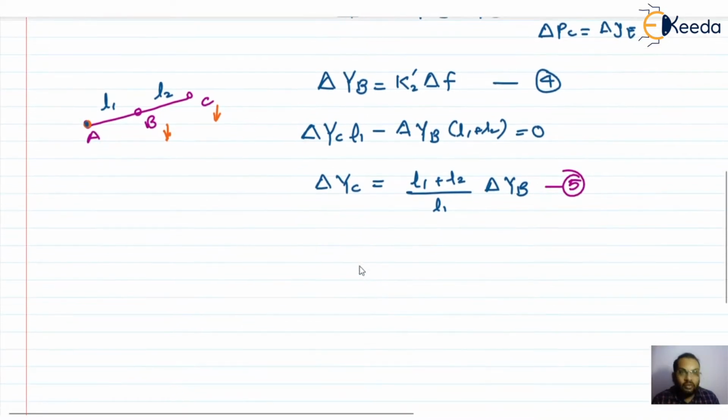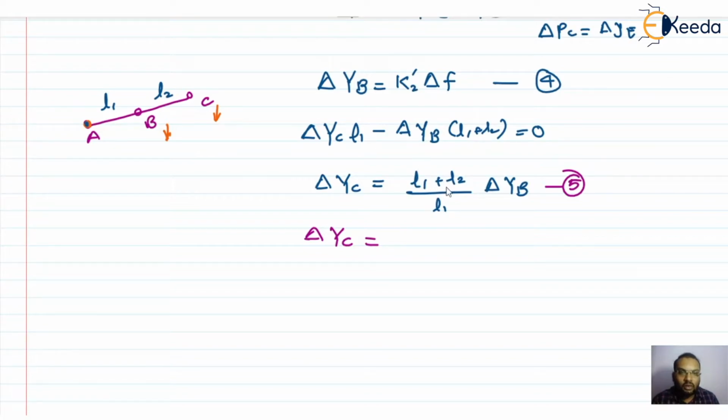Now with the help of equation number 4 and 5, can I write delta YC is equal to, for this, let us give some proportionality constant. Definitely we'll get some proportionality constant. Of course, one more proportionality constant will come with that delta YB, that is K2 dash.